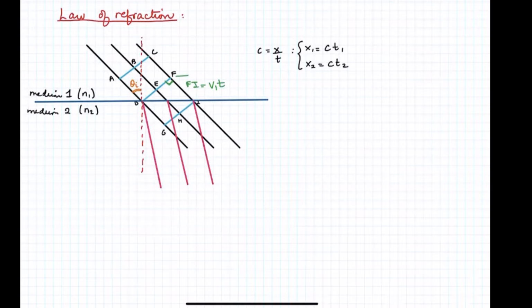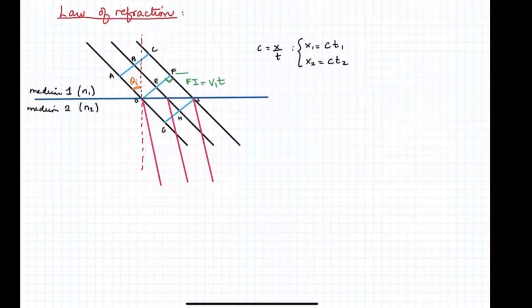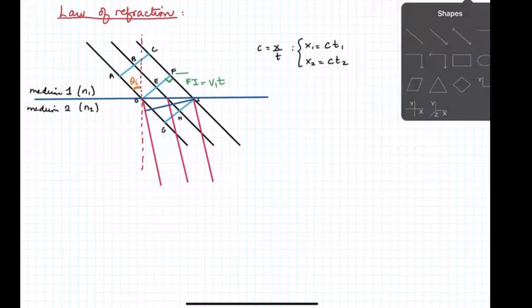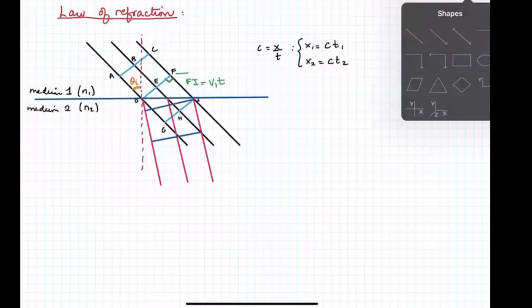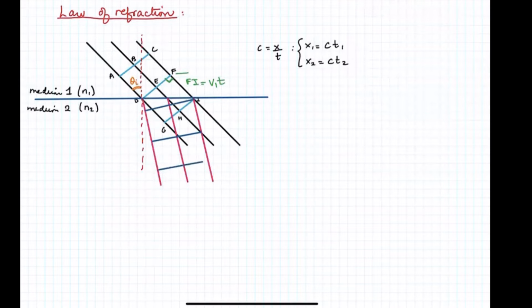Now starting from point I, my new wavefront will be somewhat like this. So if I call this point M, I know this angle is going to be 90 degrees.